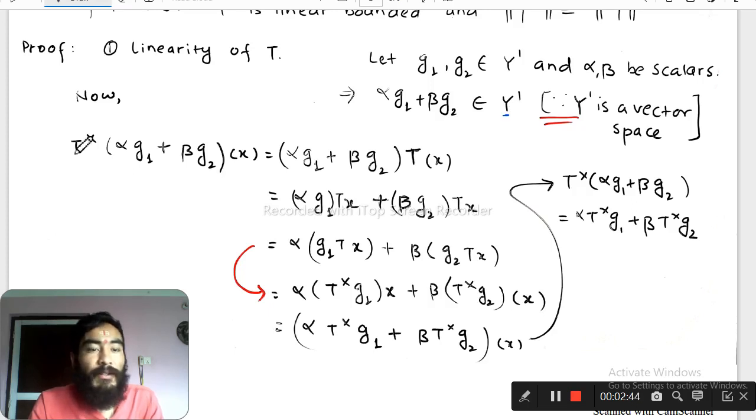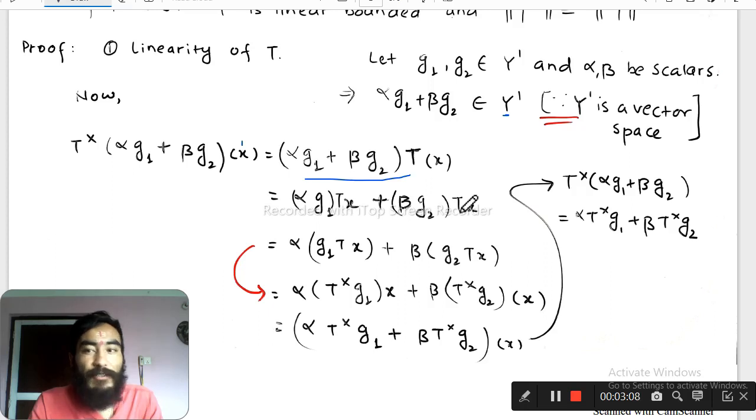Now T star of alpha G1 plus beta G2, applied to x, is equal to, we have got this relation from the definition of T star. Now since Y dash is a vector space, we apply the distributive property and distribute Tx to G1 and G2.